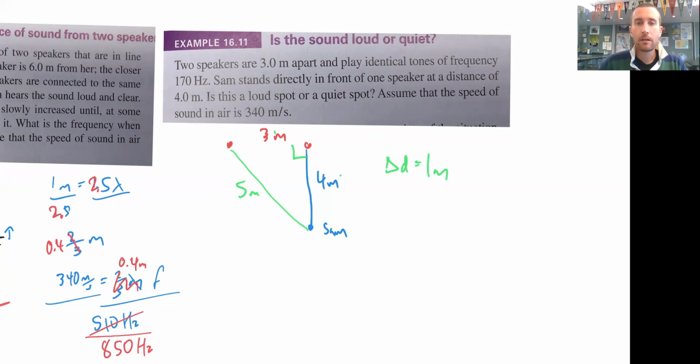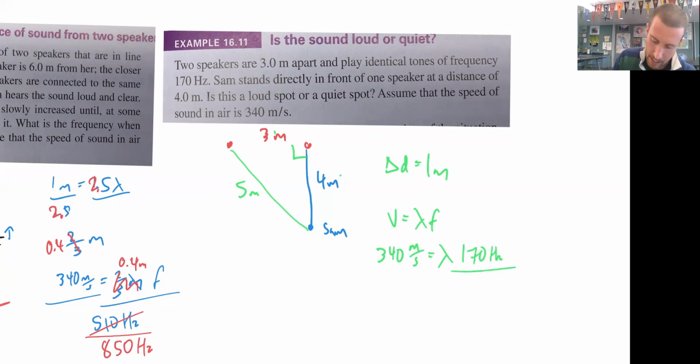All right. Now I can do my wave speed equals wavelength times frequency. 340 meters per second equals the wavelength times the frequency, 170 hertz. 340 divided by 170 gives me 2. So my wavelength equals 2 meters.